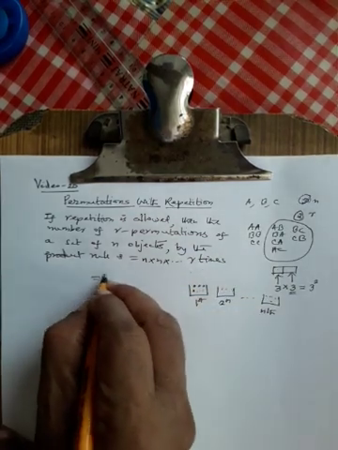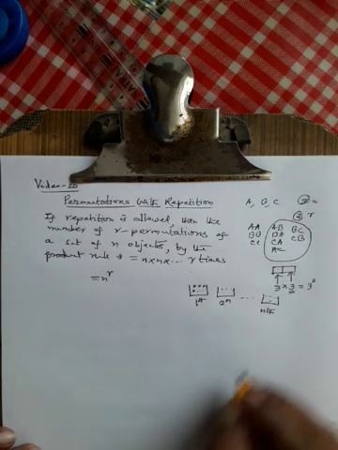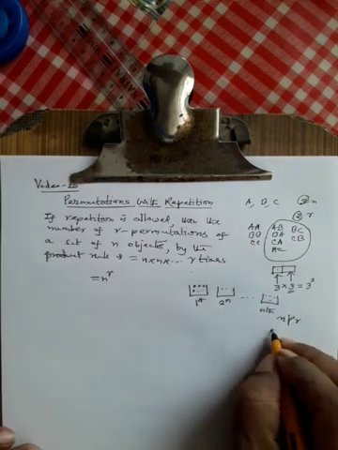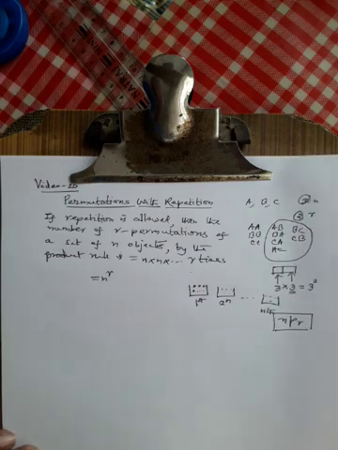This is equal to n power r. So we get nPr when repetition is not allowed. When repetition is allowed, the number of permutations is n power r.